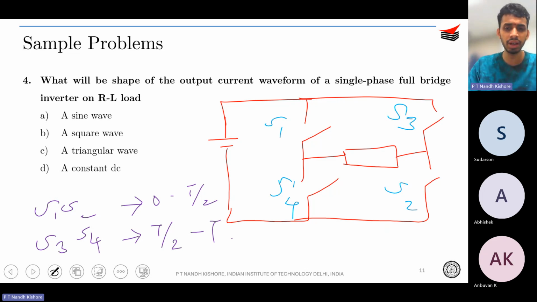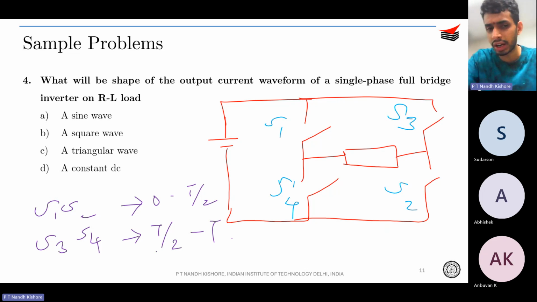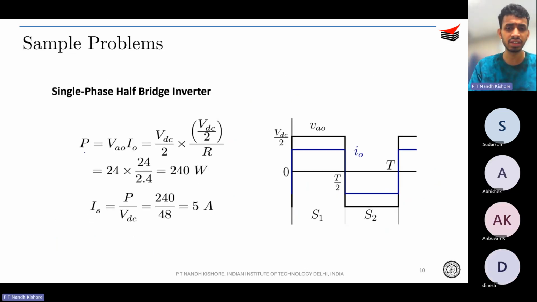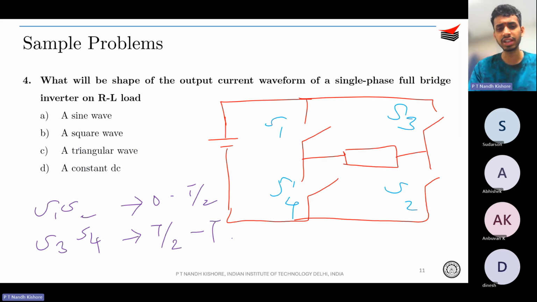For half the time period, opposite devices will be conducting, and for the other half of the time period, the other two opposite devices will be conducting. Now, what we understand is, if I have an R load, then the current is exactly going to follow my voltage.